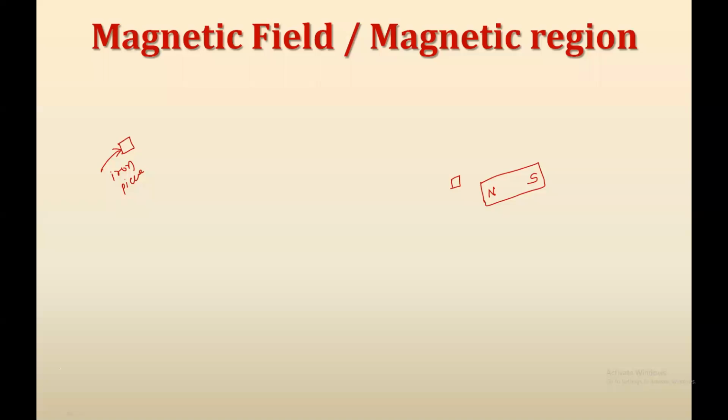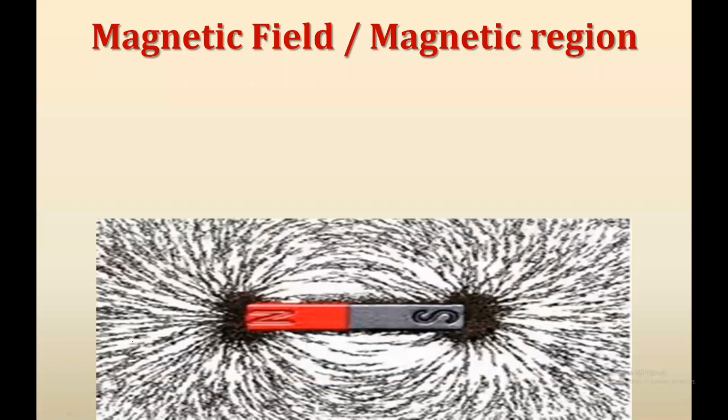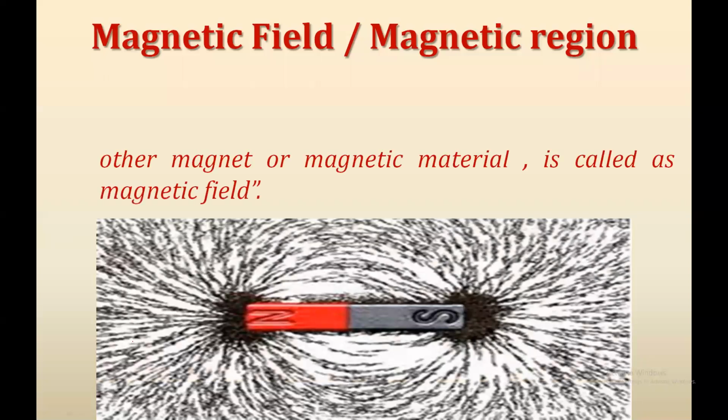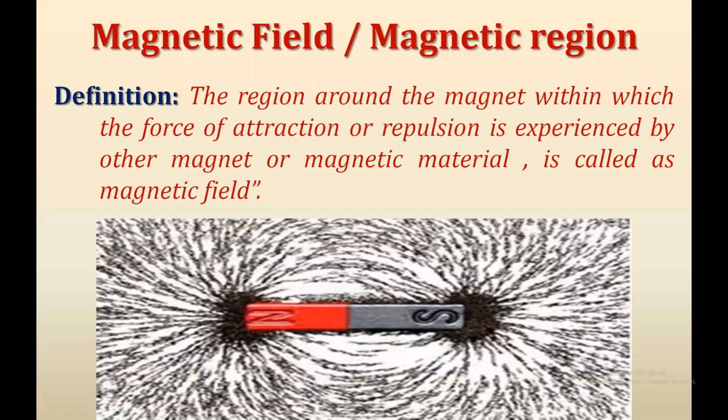Is it clear? Now you can read the concept so that your definition part will be clear. See, this is the magnet, and around that magnet small iron pieces are attracted towards the end of the magnet. You can see that in the diagram. So you can read the definition.